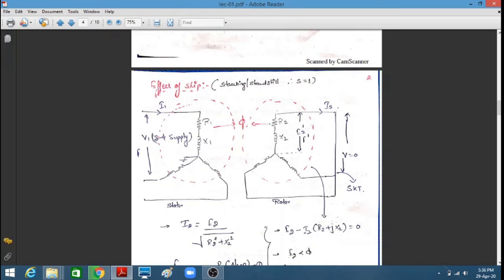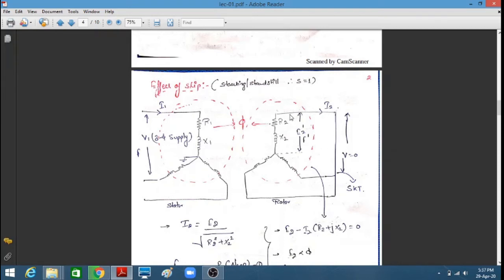Now when we apply a three-phase voltage V1 at the stator side, a rotating magnetic field is produced in the air gap. This rotating magnetic field interacts with the rotor side, and an EMF is produced in the form of E2, and the current I2 flows in the rotor conductors.